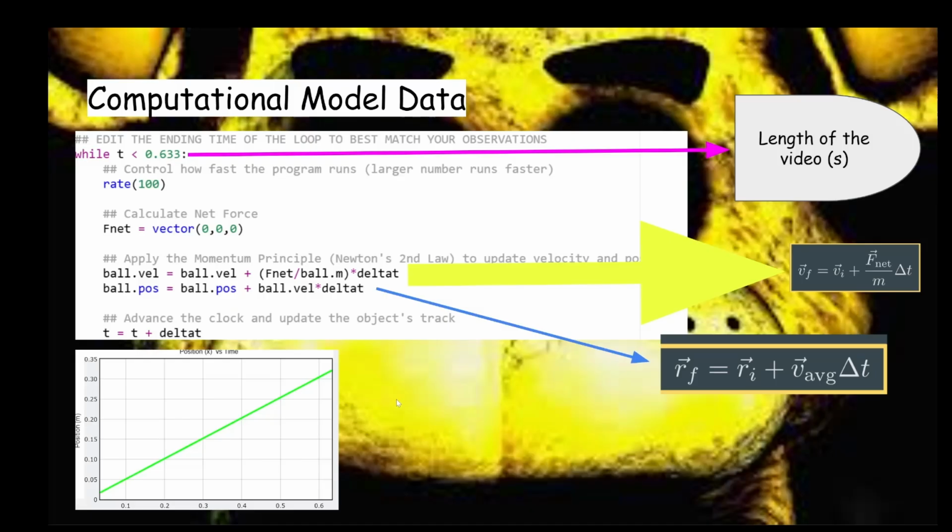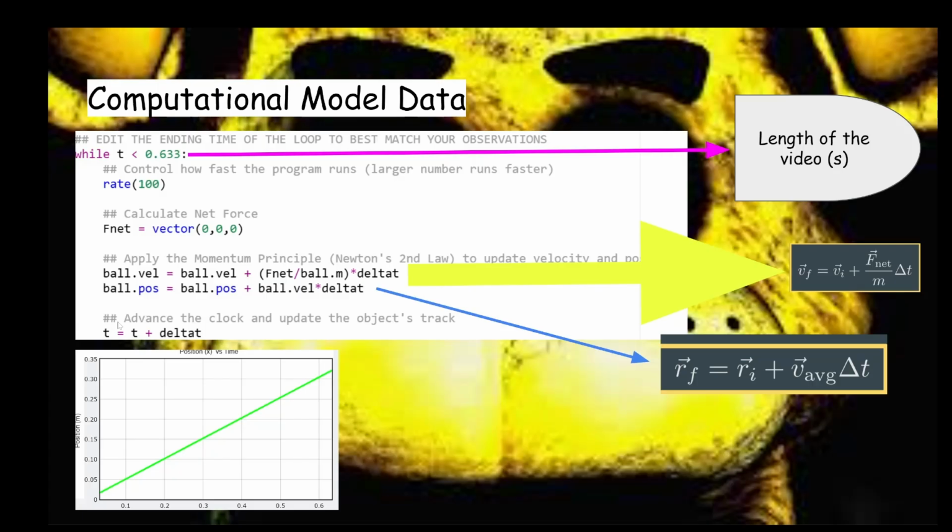So, computational model data. This is how we did the computation and how we get this graph here at the bottom. While t was less than 0.633, our F net was 0, 0, 0, and then our velocity and our position are just the WebPython ways of writing v final equal to v initial plus the velocity update, and the position update formulas.